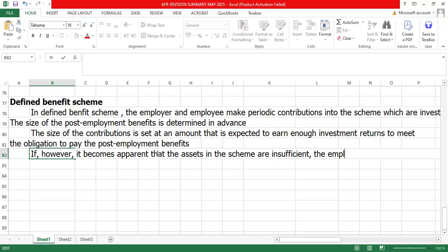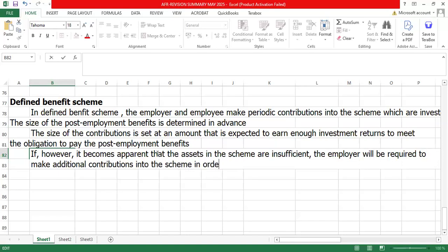The employer will be required, because this is run by the employer, to make additional contributions into the scheme in order to offset the expected shortfall.